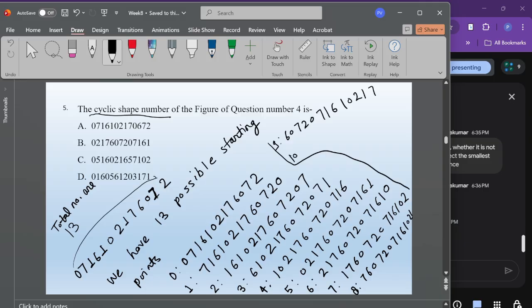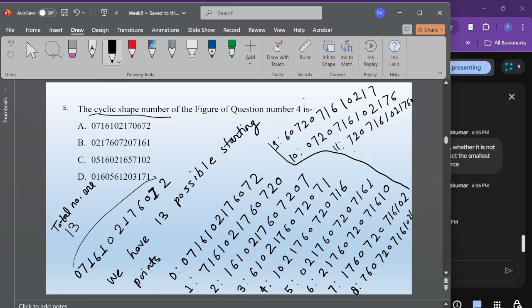Right? Now the 10th one, 072071610217. The 11th one, 7207161021760. Like that, you can just check for the 12th position as well, right?